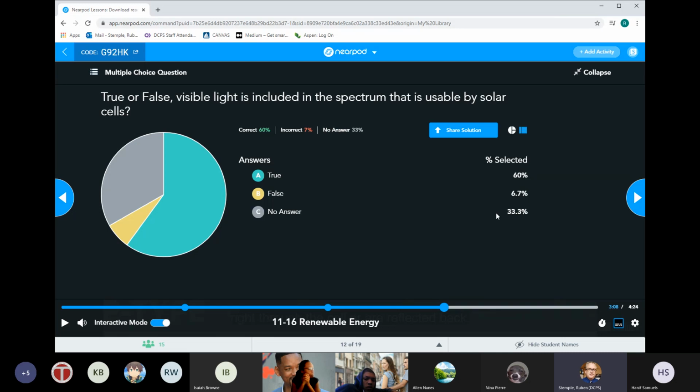True or false? Visible light is included in the spectrum that's usable by solar cells.